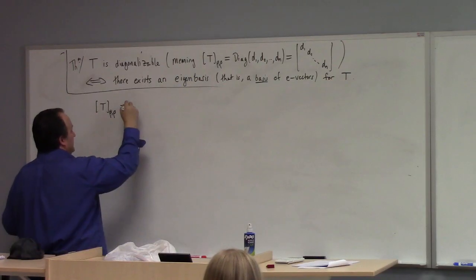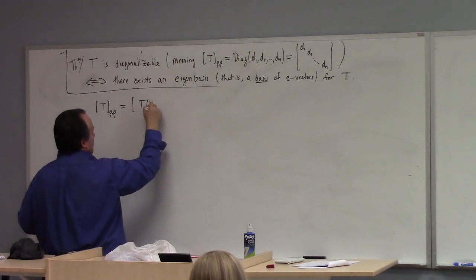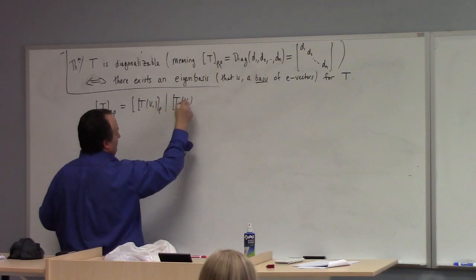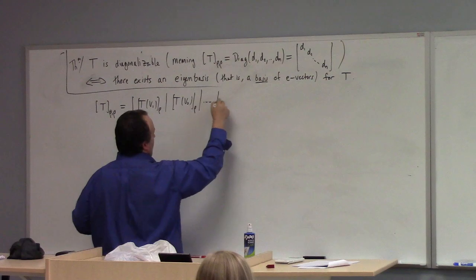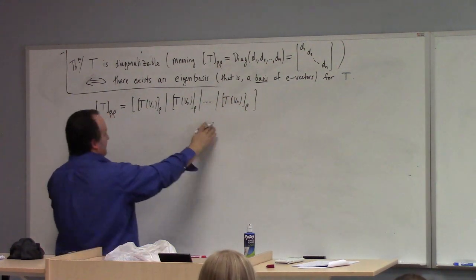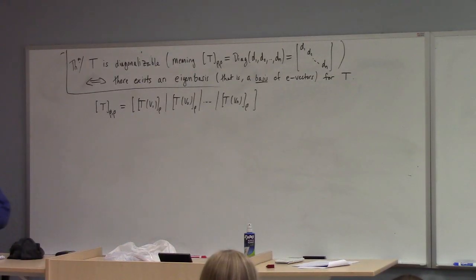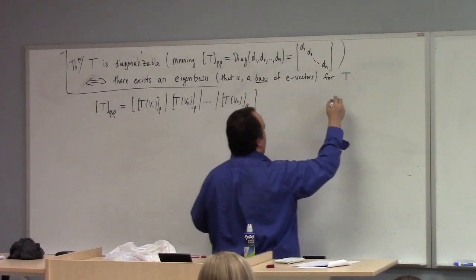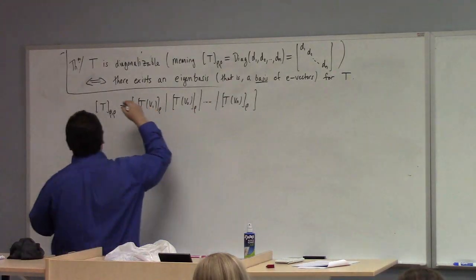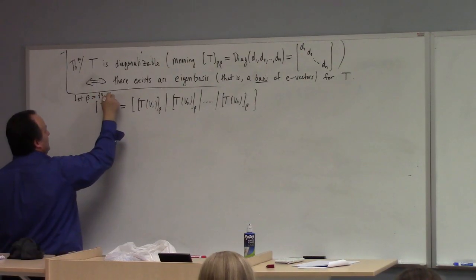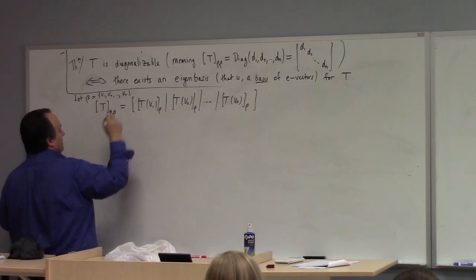Remember, what this means is T of V1, T of V2, T of Vn. This is basically our definition of the matrix of a linear transformation with respect to a basis beta. What's beta? I'm saying beta is V1, V2, Vn, all right?